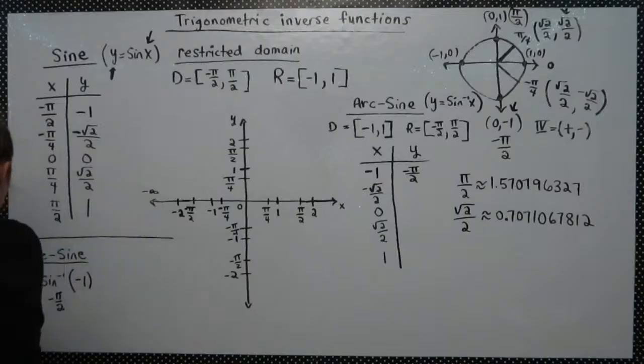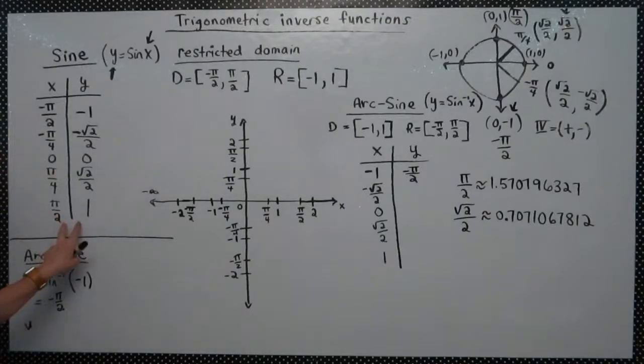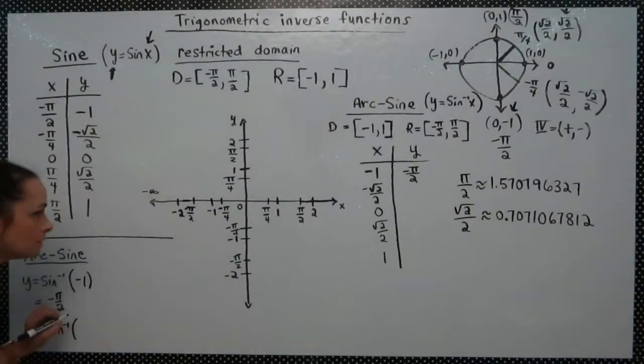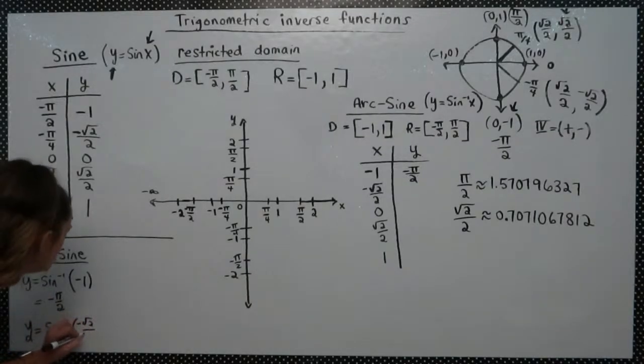We'll do one more before we just swap them out, because I realize I'm taking a lot of time, and we really don't need to do this for every value. Just a couple of quick examples and then you're good. So we've got sine inverse of -√2/2.